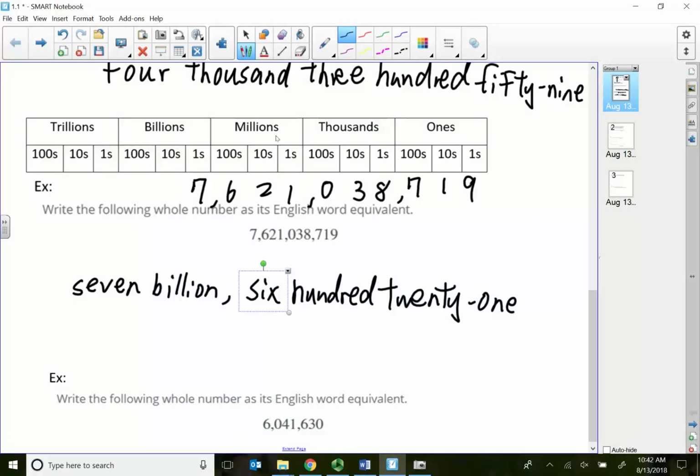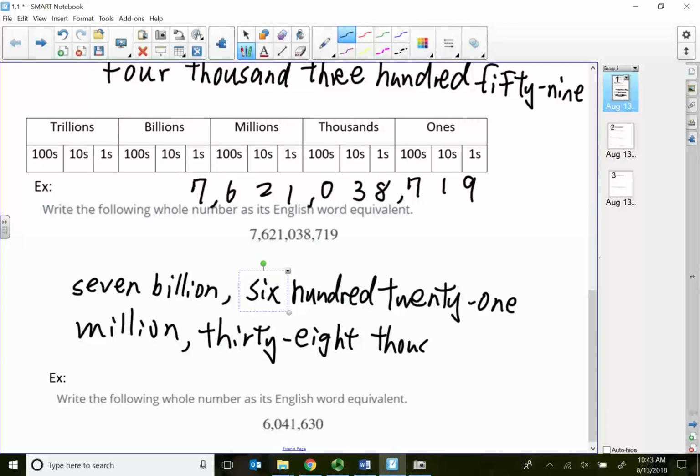The group name, million, comma, and then this is going to be 38,000, 30-8,000, comma, 719.